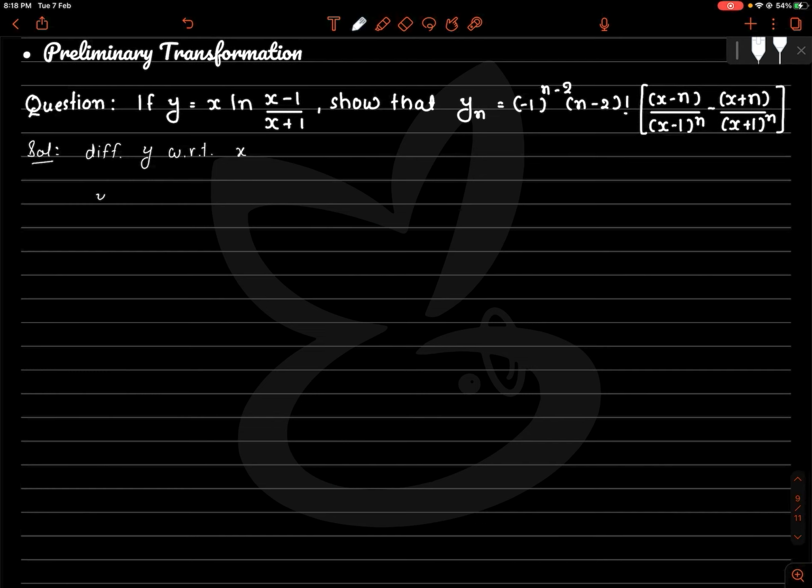We will get y dash is equal to ln((x minus 1)/(x plus 1)) plus x multiplied by (x plus 1)/(x minus 1) into the chain rule will apply. We will get (x plus 1 minus x minus 1)/(x plus 1) whole square.